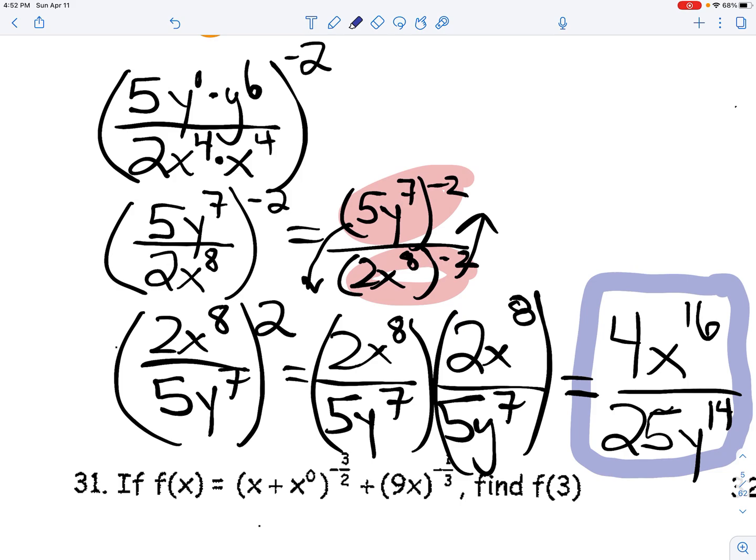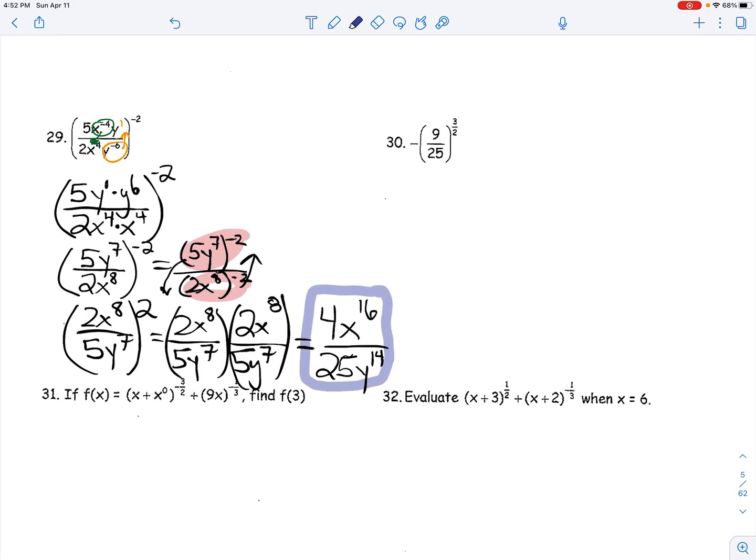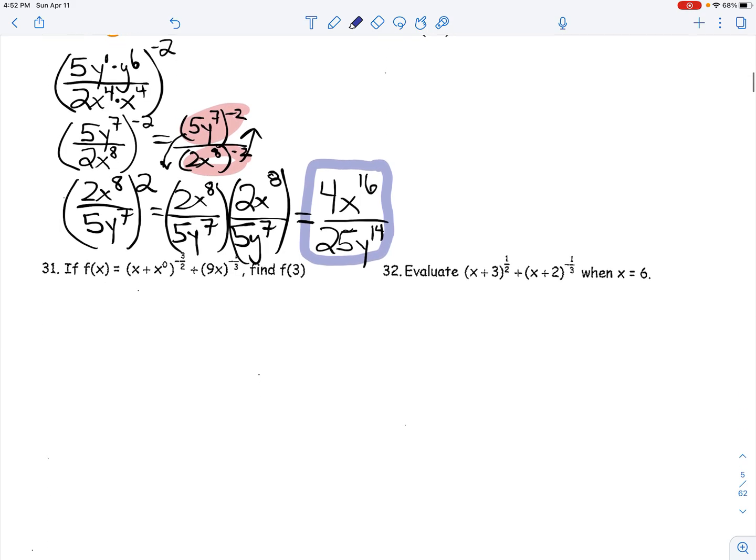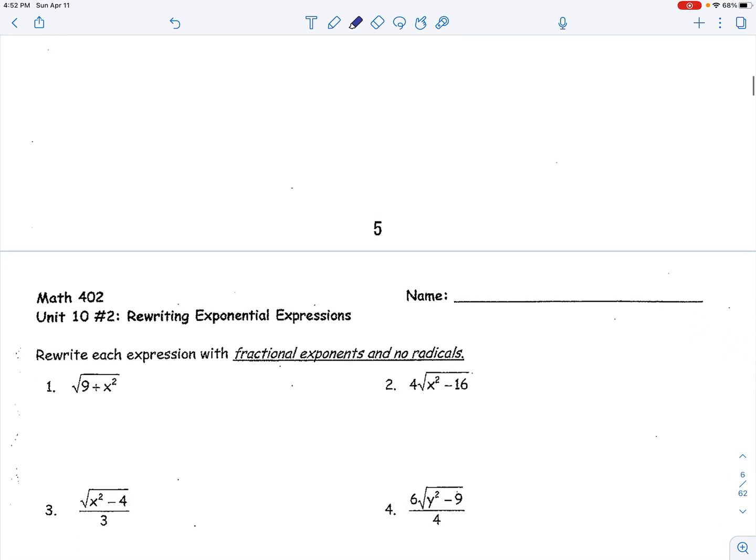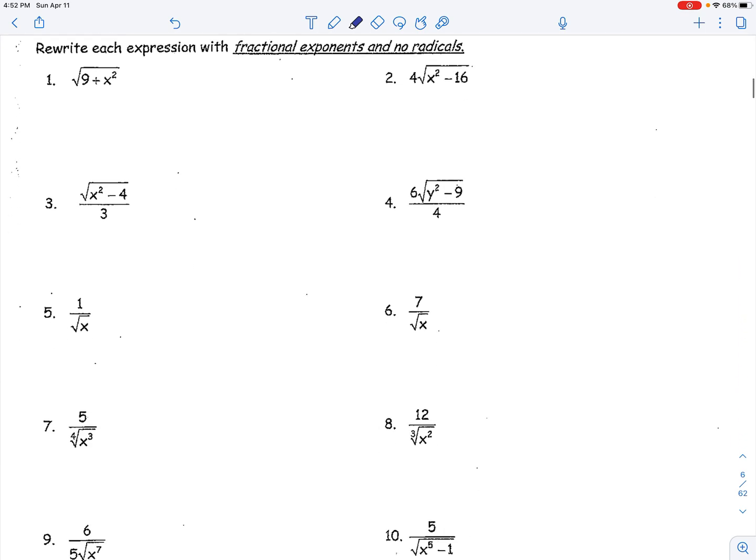And that's your simplest form. You can't do any more simplifying there. You can't reduce 4 over 25, x to the 16th and y to the 14th. They're different bases there, so you can't do anything with that. So that's your final answer, people, for number 29.